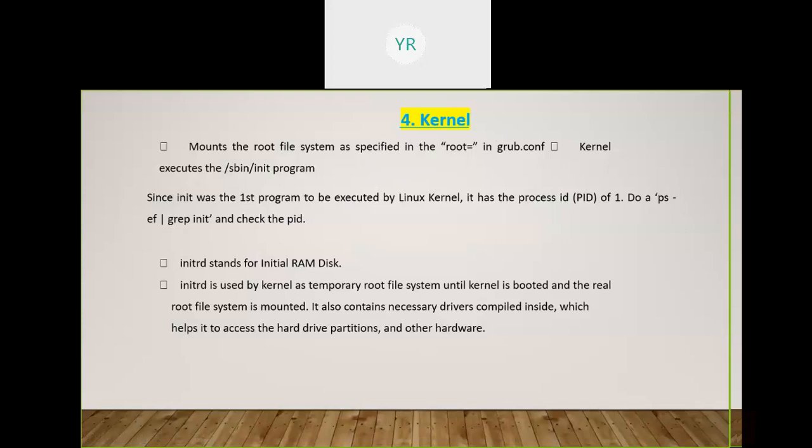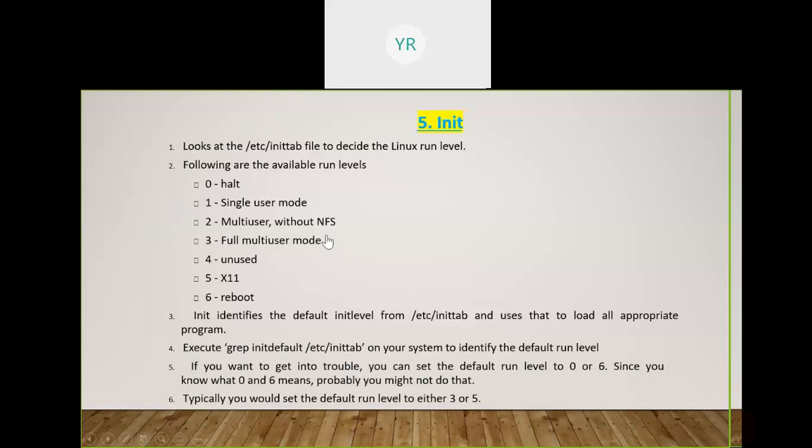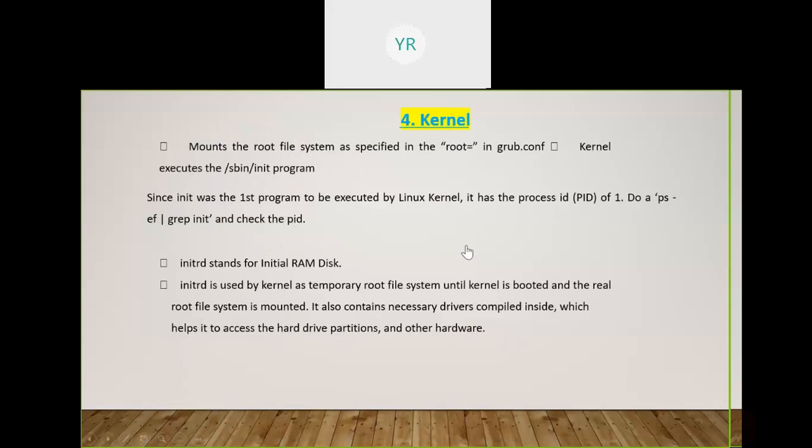Based on that, the kernel mounts that system. Okay, the kernel executes the init program. So the init program is the first process executed by our OS. Okay, the init program is in /sbin/init.